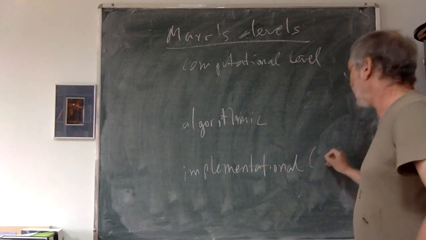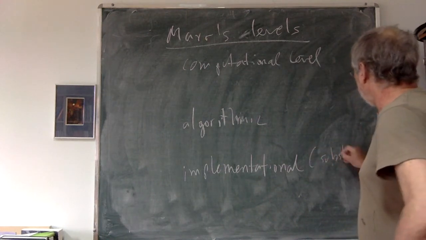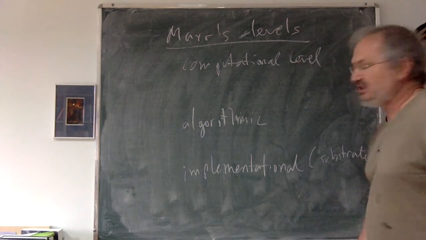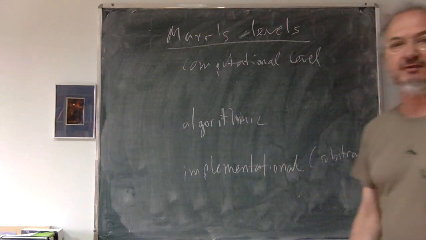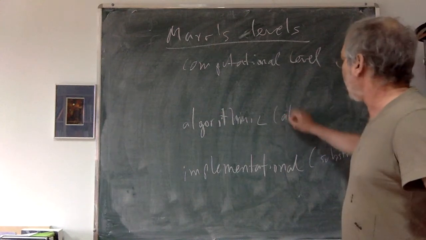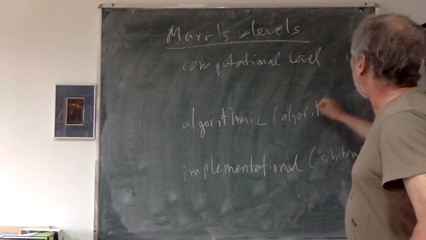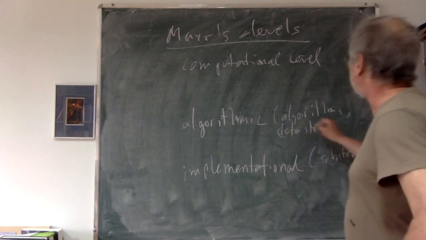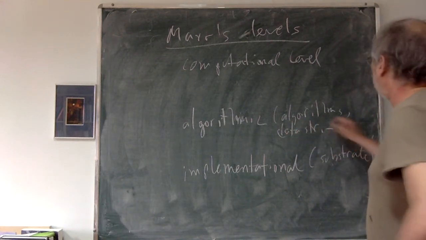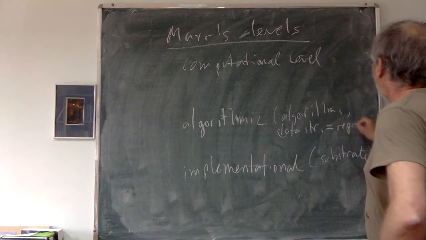This is essentially the substrate, the machinery that you're going to need to execute it, if you have your understanding of data structures. These are like algorithms, data structures, in other words, representation.